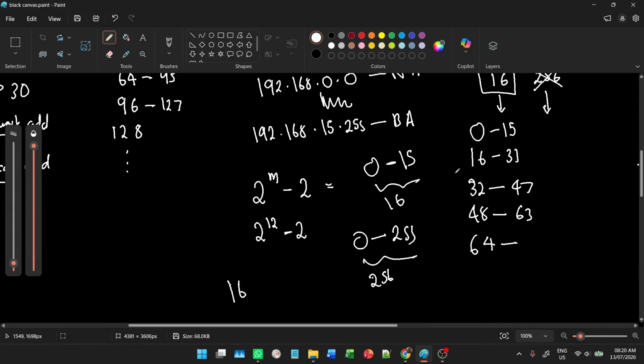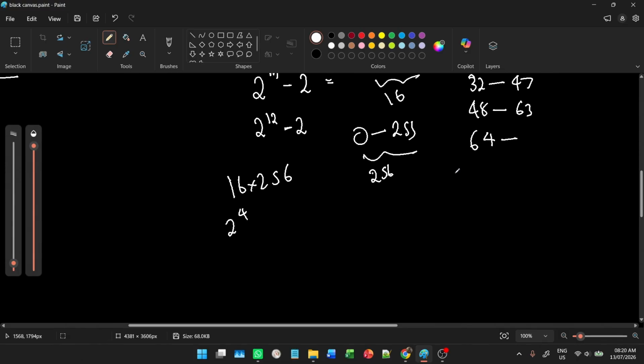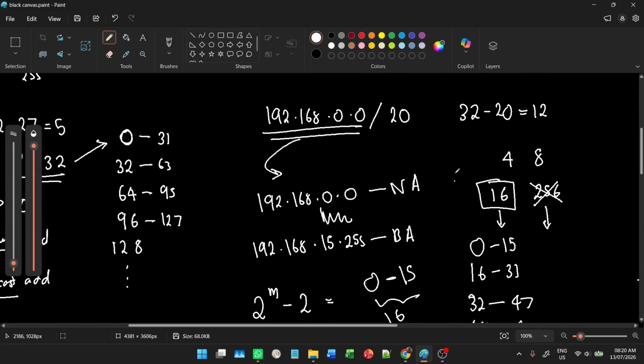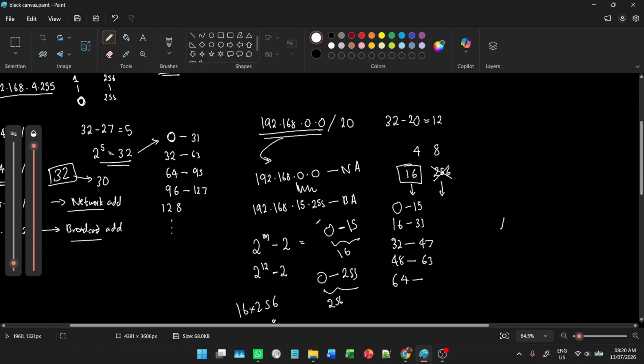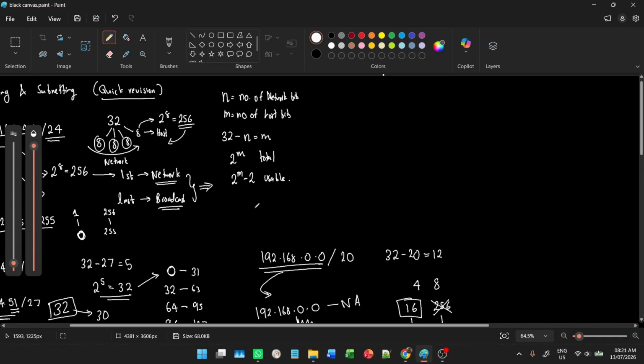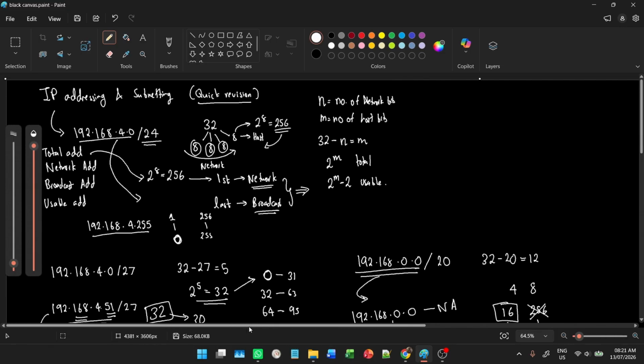So that's 16 times 256, which is 2 to the power 4 times 2 to the power 8, which is 2 to the power 12, right? So this is essentially all about network addressing.